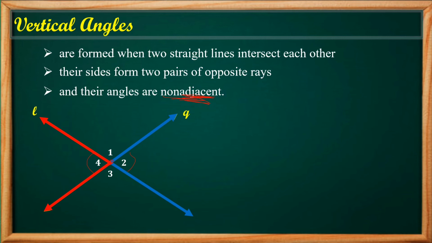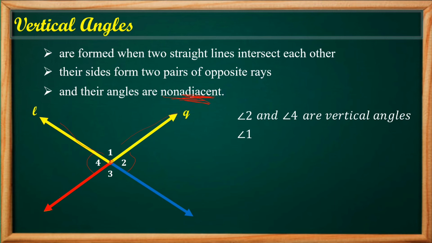Ito na side, opposite dito na side. Next, ito na side, opposite dito na side. Therefore, pasok sa second condition. In the third condition, their angles are non-adjacent. Since angle 2 and angle 4 are non-adjacent, then they are vertical angles. How about angle 1?